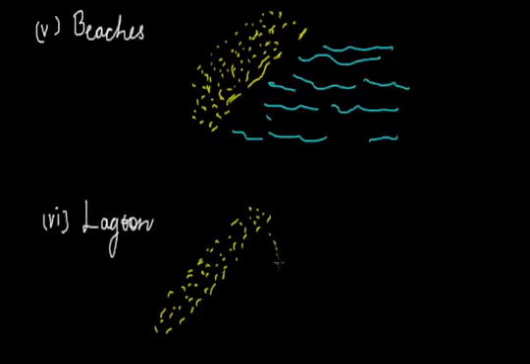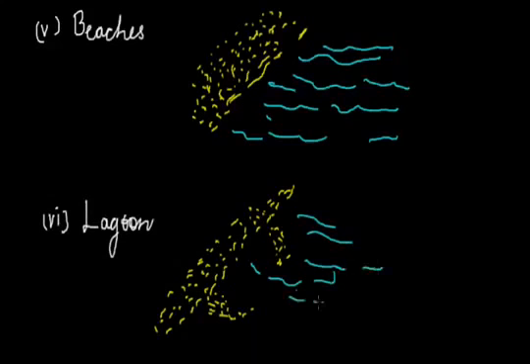Suppose the deposition is done here and here, and further on when the deposition continues, it tends to form a small lake-like formation where there is only sea water, but it is cut out from the main sea. So this formation is known as a lagoon.